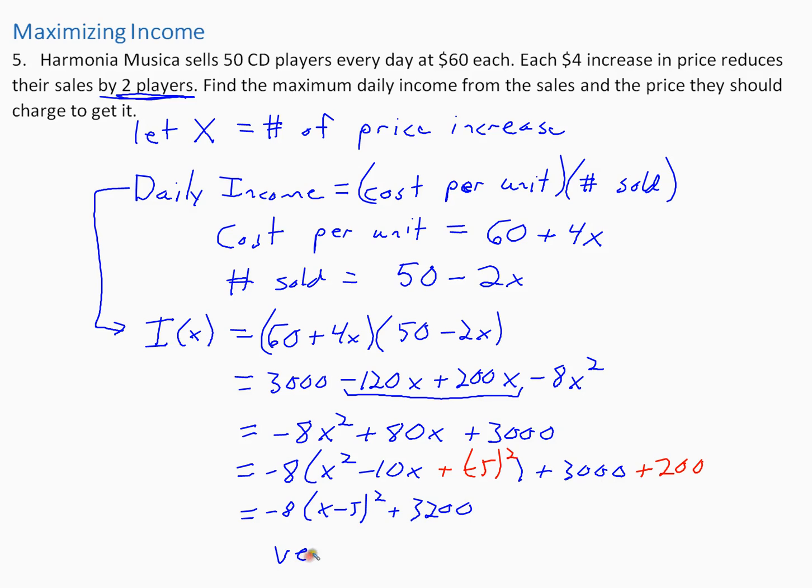Our vertex is going to be at (5, 3,200), remembering that this 5 is the number of price increases, and the 3,200 is going to be our maximum daily income. So find the maximum daily income from the sales. Well, that's our maximum daily income. Max income is the 3,200.